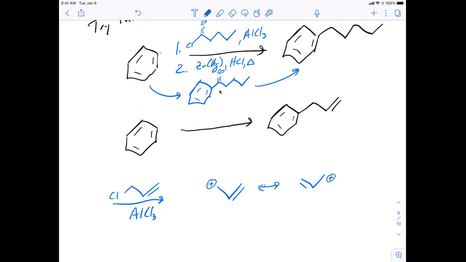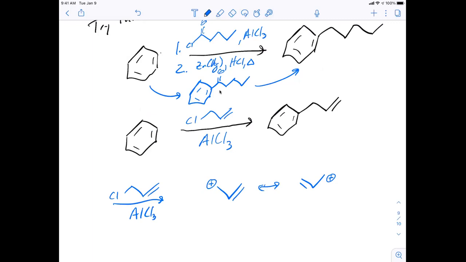So here, although it's not a benzylic, right, it's an allylic, right? So having the chloride not on an sp2 but next to an sp2 is allowed, and because both of these are identical, right, this would give me a nice clean synthesis.